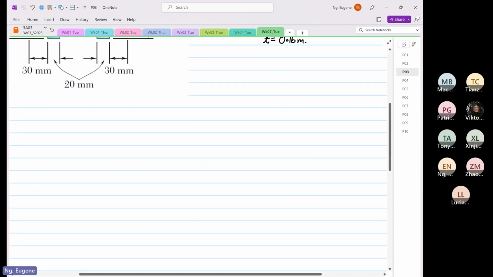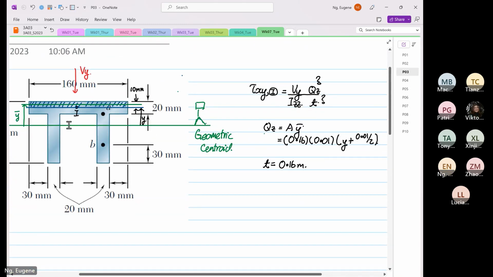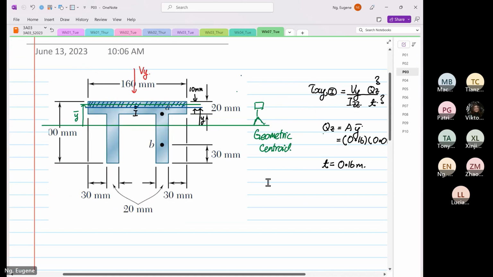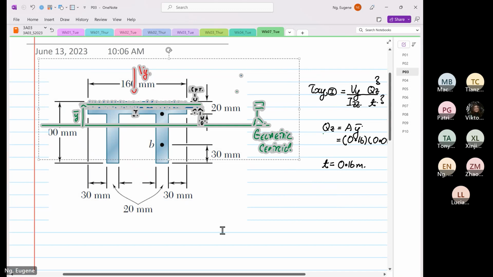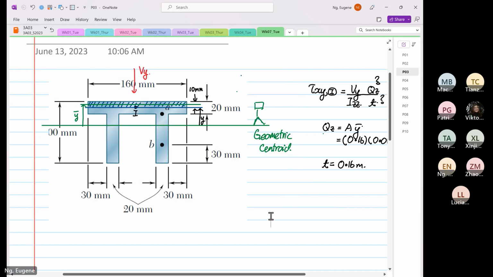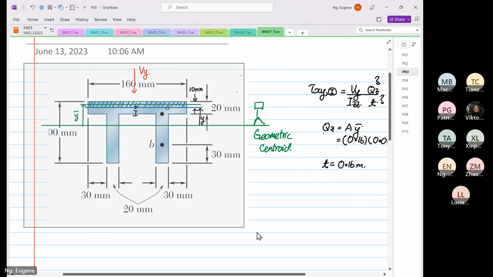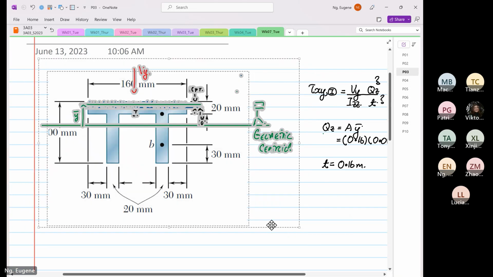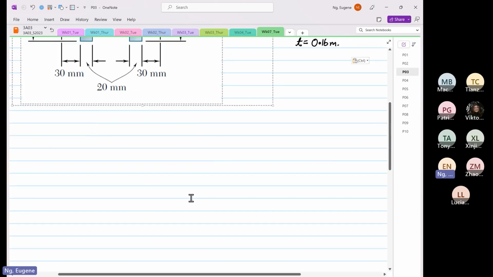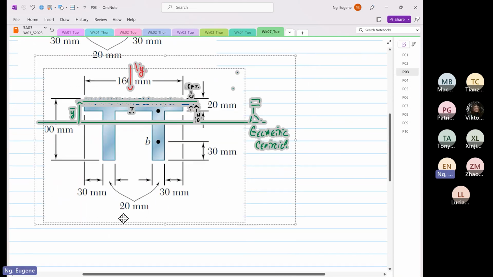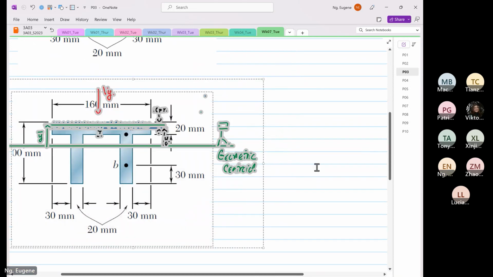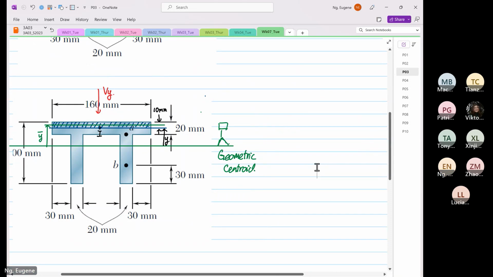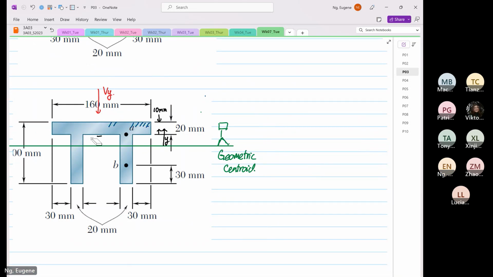Okay, I'm going to do the same figure. Now our area of interest changes.